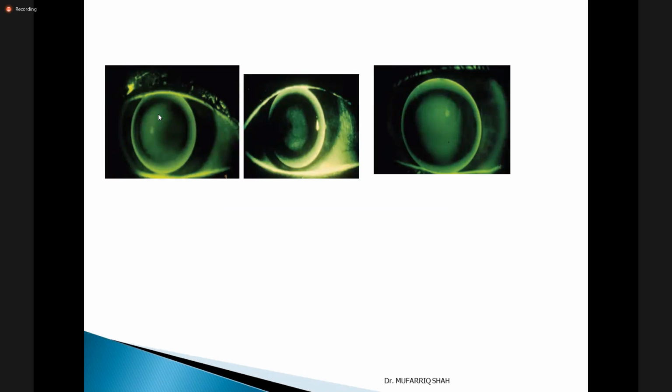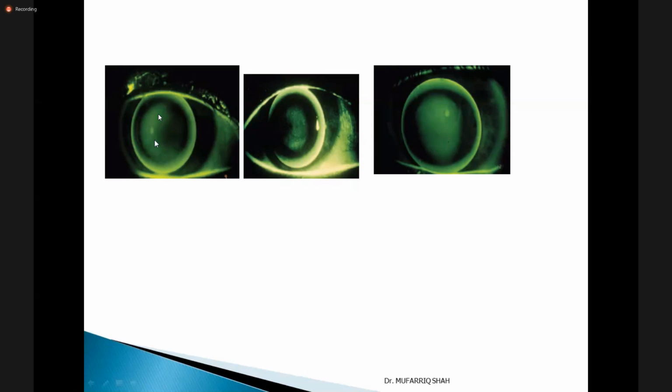So in this case, what do you see? Sir, this one on the left side. Suppose a patient is here with you, right? These are various conditions that may occur.